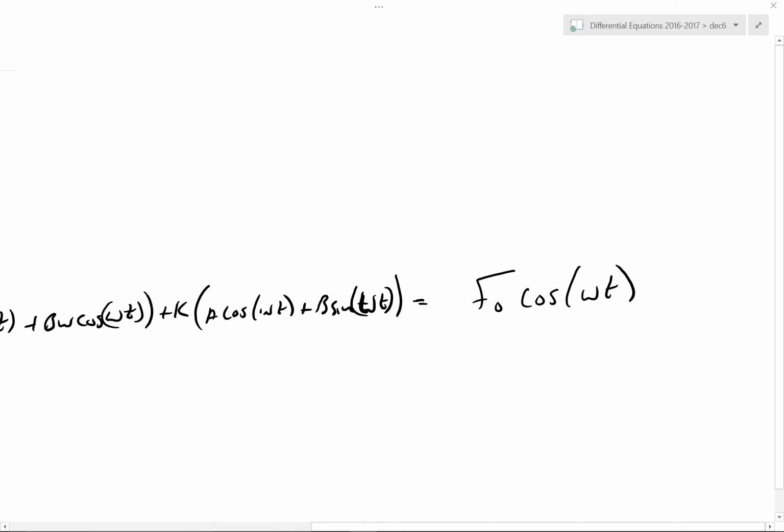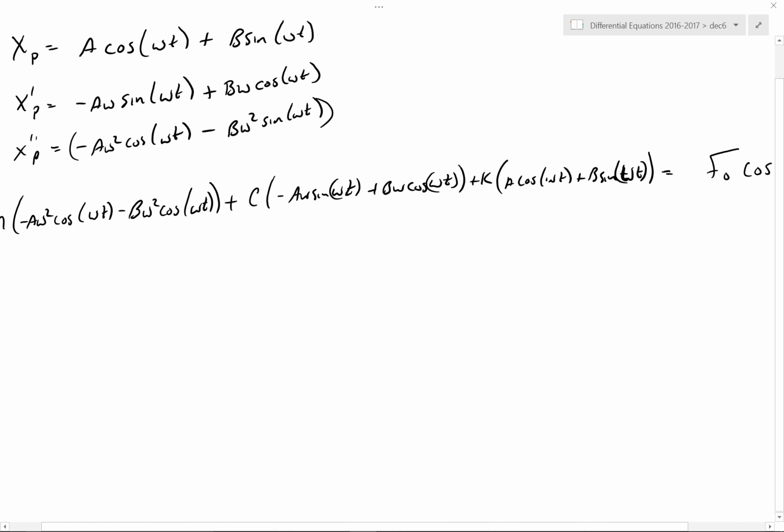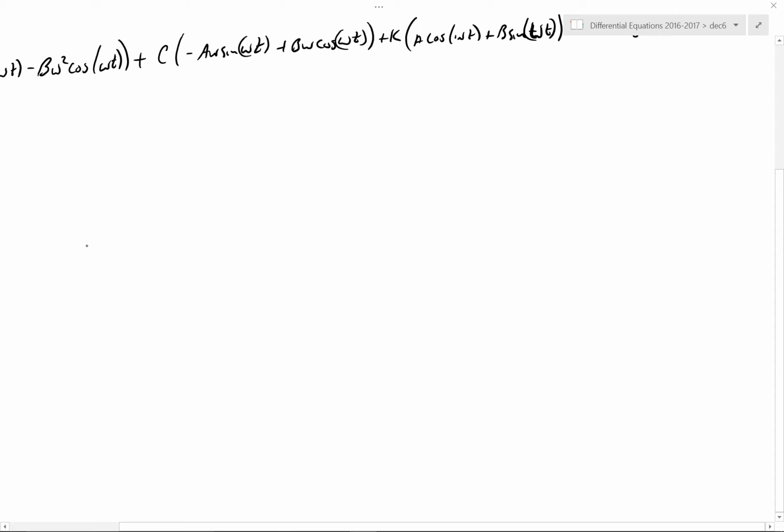There we go. And so if you collect all your like terms and put all the cosines together and all the sines together, you will solve for a and b, and this is what you will find. The a is equal to this guy.